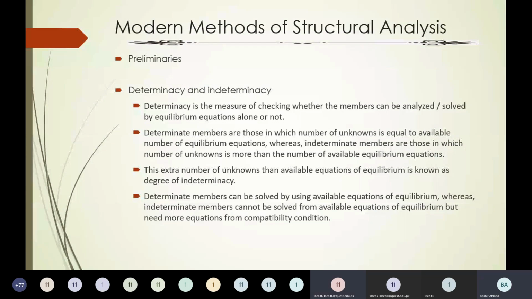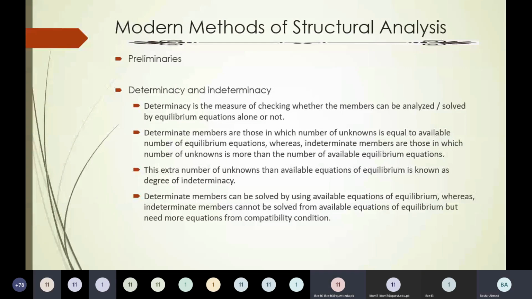Number of equilibrium equations. We all know about this. By the way, how many equilibrium equations are there?